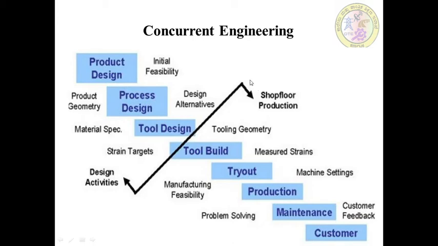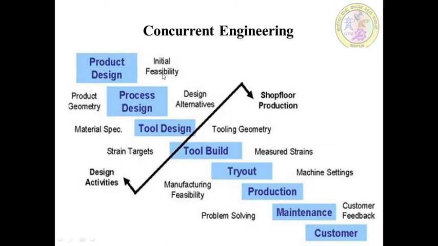The design is not produced. So these are all interconnected, whereas the production details are given by the designer only. Design activities are very important for production activity also. Product geometry and material specification, strain triangles, manufacturing feasibilities and problem solving are all very involved in this design activity.